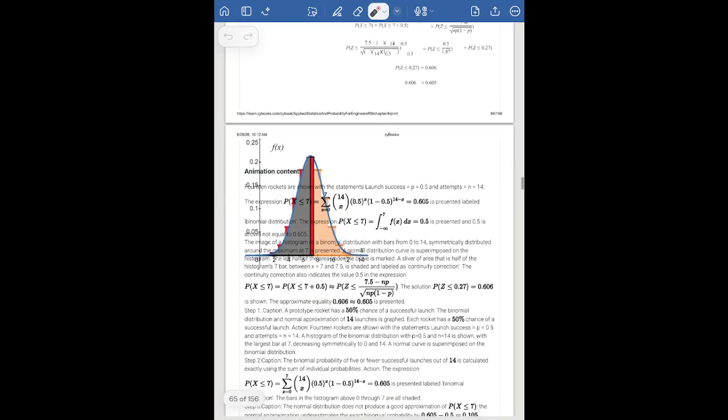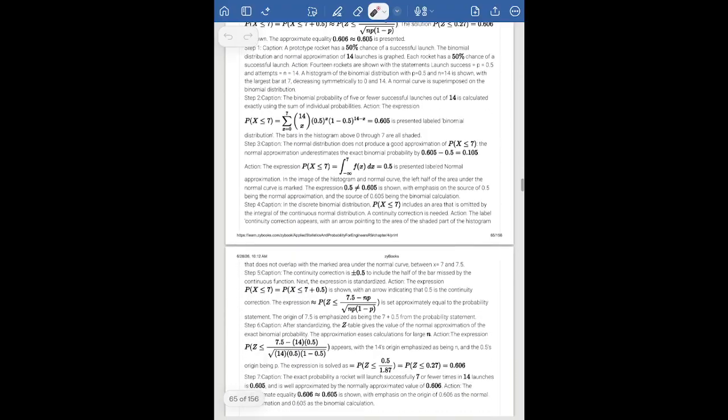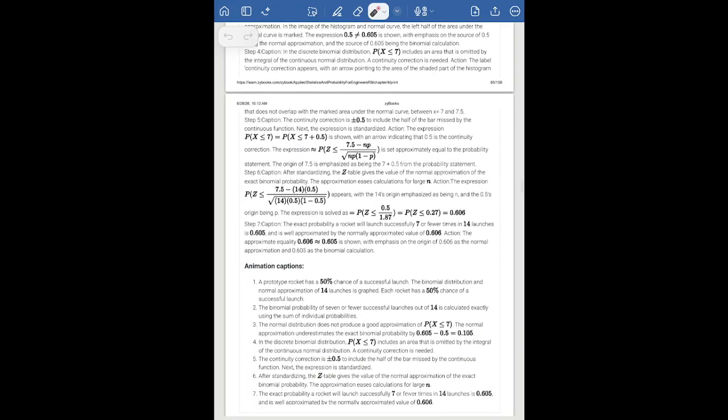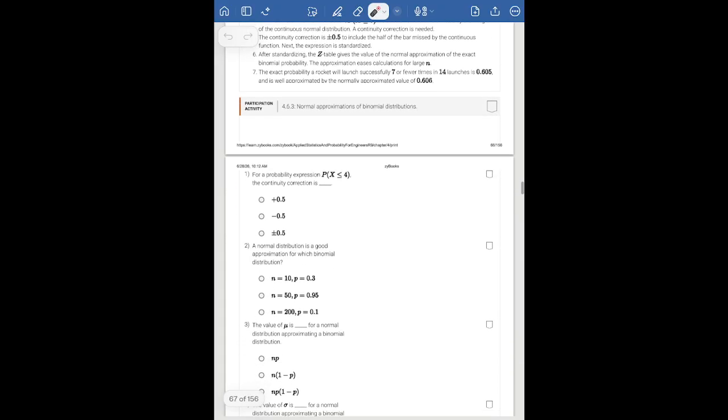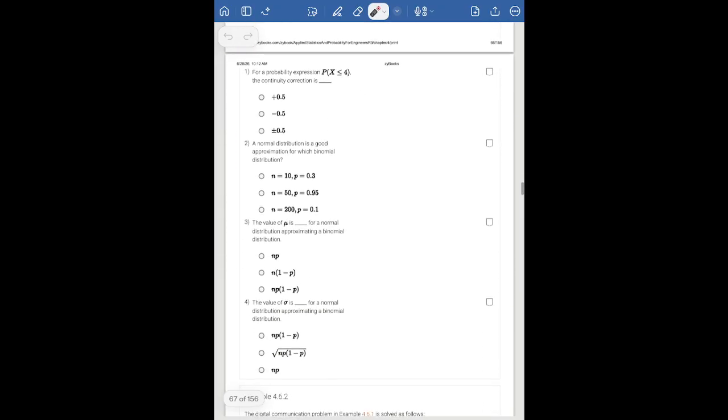Okay. So the whole time we're going through here, we're using the normal distribution to approximate these binomial situations. And we can go through a few of those examples if you want to solidify that understanding.